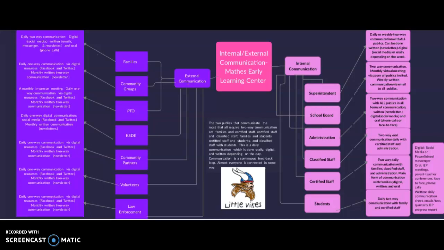Communication really is a continuous feedback loop. Almost everyone is connected in some way in our community, and I believe that the better communication we have, the better off the students are going to be. We are all working together in order to help that student learn and grow and achieve and succeed. So ultimately, we need to have the best communication with everyone in order to do that.